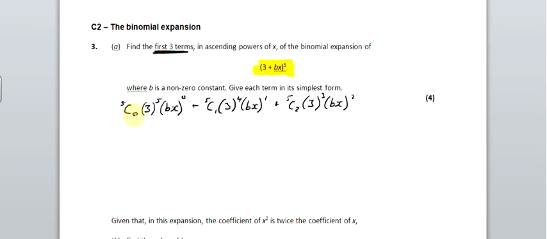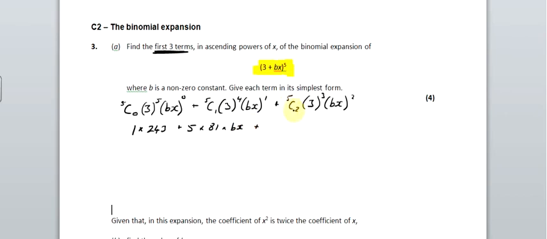And I'm going to evaluate them. 5 choose 0 is 1. 3 to the power of 5, my calculator says that's 243. And then we've got 5 choose 1, which is 5, times 3 to the power of 4, which is 81, times bx.